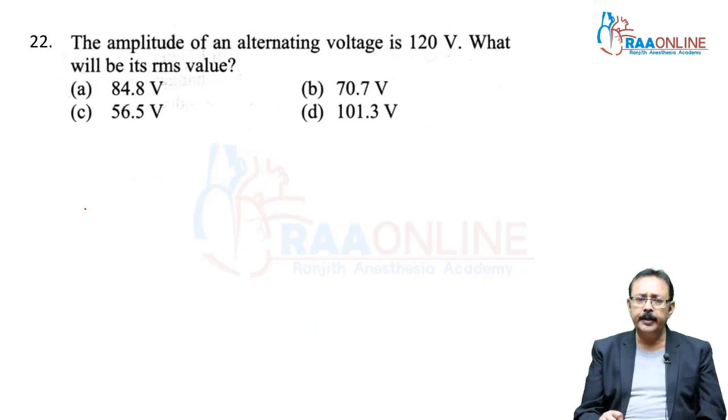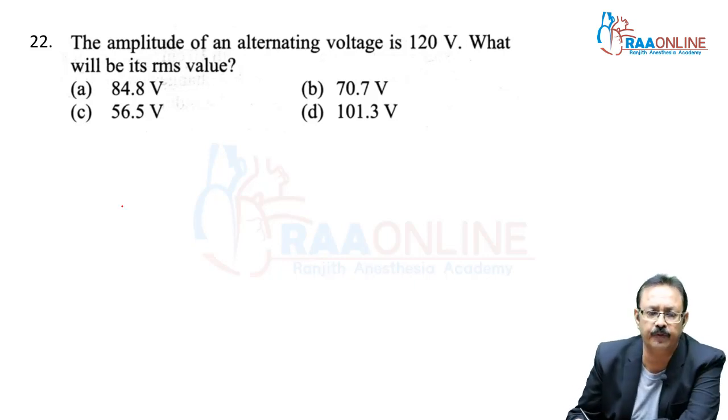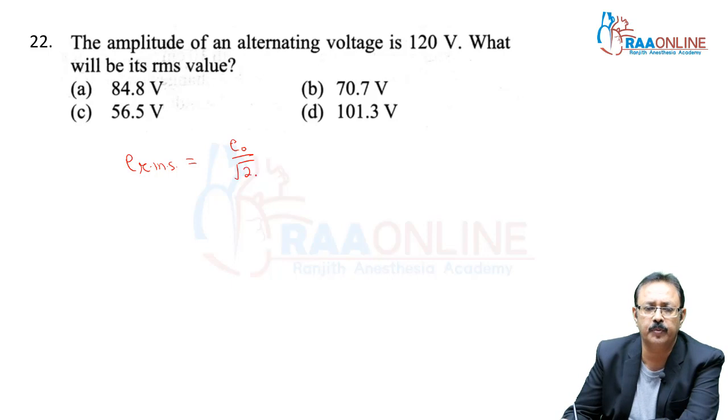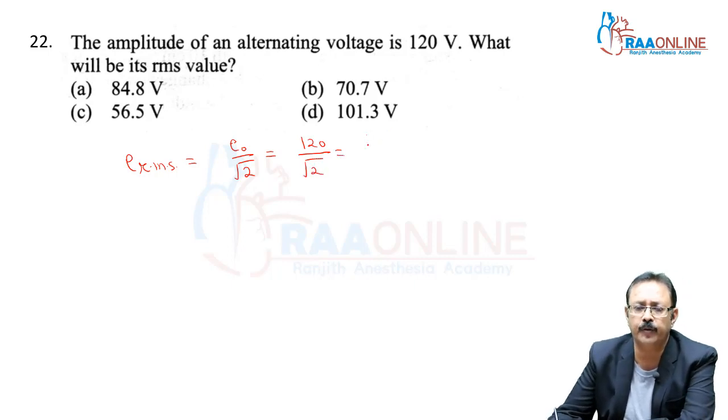22nd, the amplitude of an alternating voltage is 120 volt. What will be its RMS value? We know that ERMS means E naught divided by root 2. What is the value of E naught? 120. Root 2 means 1.4.